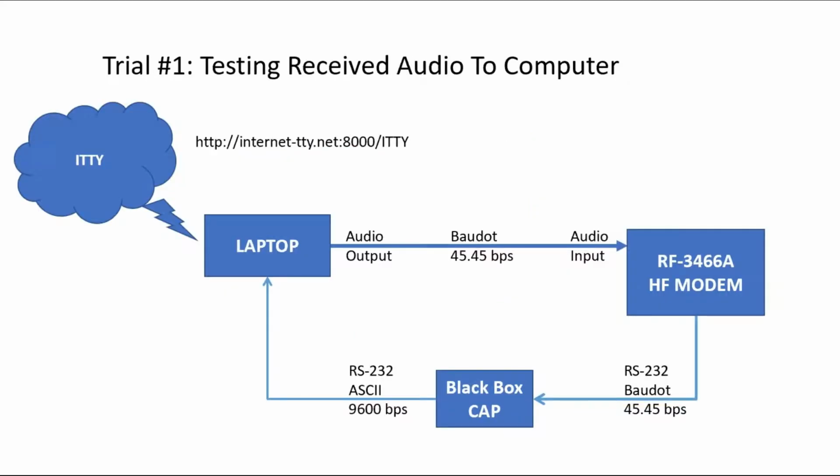So instead of using an HF receiver and trying to tune in some RTTY somewhere that I may not be able to hear well, or propagation, instead we're going to use a service on the internet called ITTY, which instead of radio teletype, which is RTTY, this is ITTY, Internet Teletype.